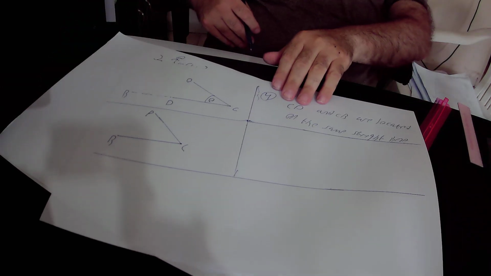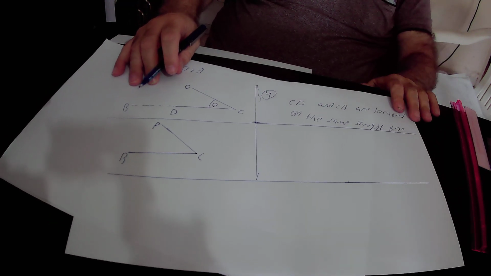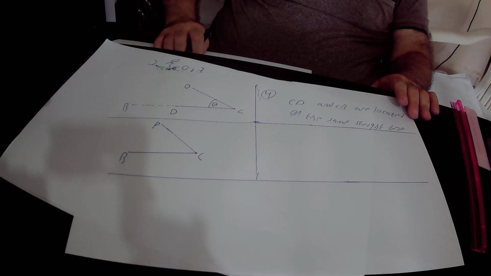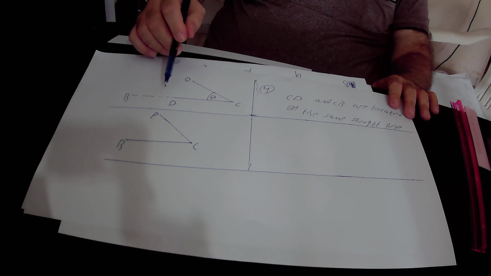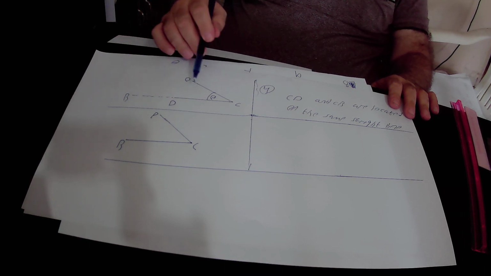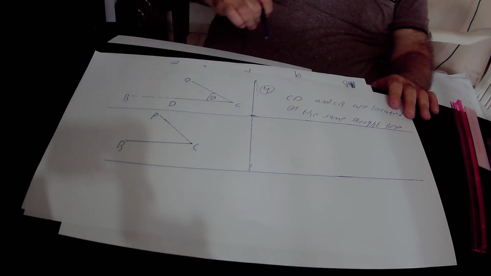So this is the second angle that I draw. This is angle PCB. We've already found out that the legs BC and DC are both located on the same straight line.